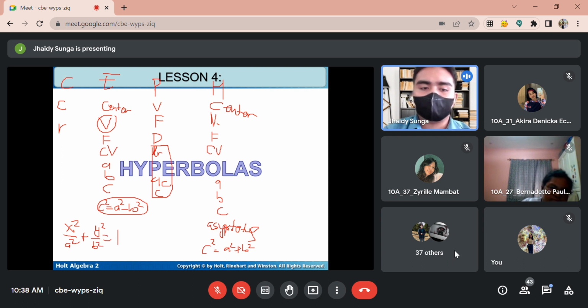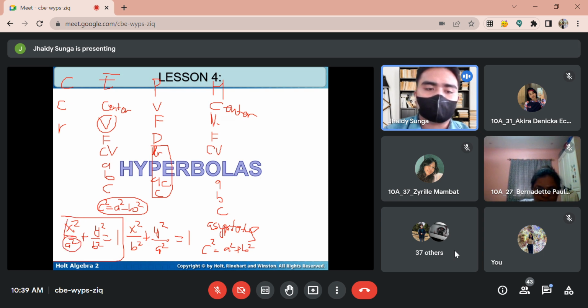And sometimes, if the principal axis is at y, it is x squared over b squared plus y squared over a squared equals 1. So the principal axis is at x when a squared is at your x, and at y when a squared is at your y.